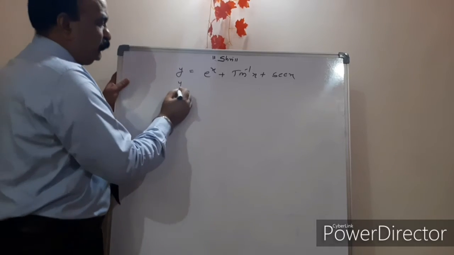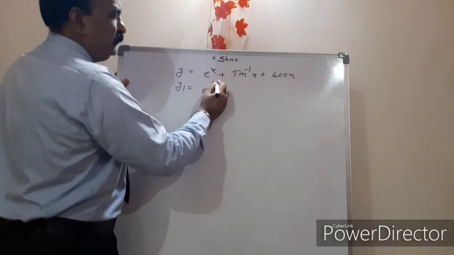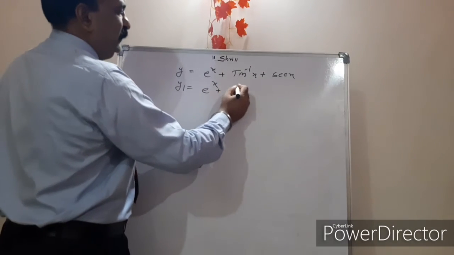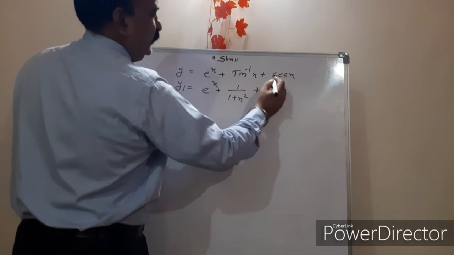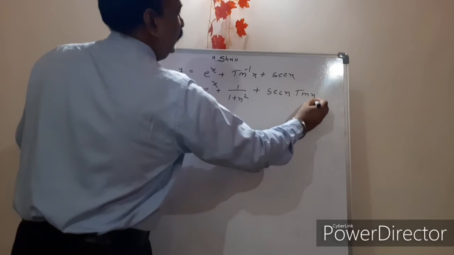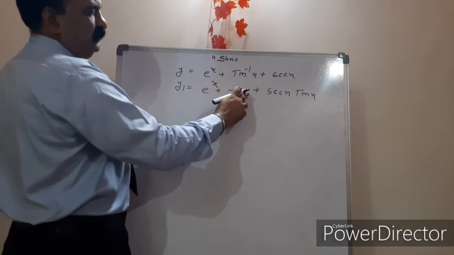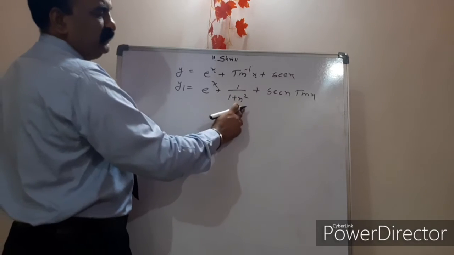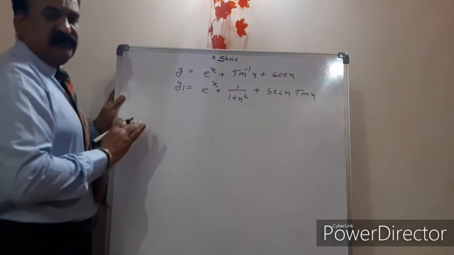So y1 is equal to the differential coefficient of this. e to the power x means e to the power x. Tan inverse x means 1 upon 1 plus x square. Sec x means sec x tan x. The answer is y1 is equal to e to the power x plus 1 upon 1 plus x square plus sec x tan x. This is the first differential coefficient of this.